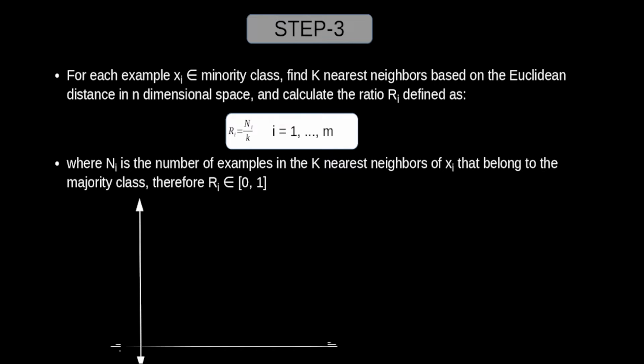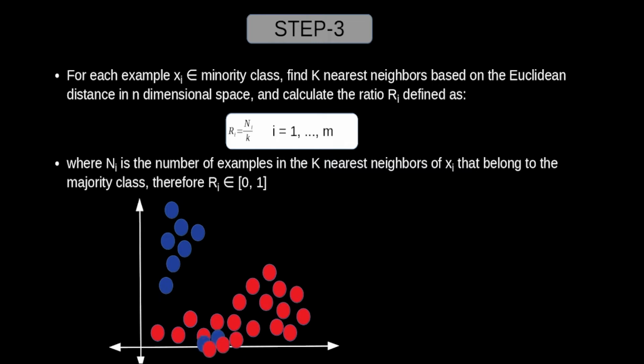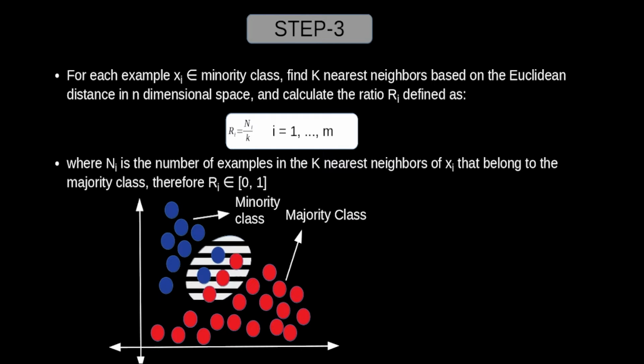Let's take an example where blue samples belong to the minority class and red samples belong to the majority class. Now let's focus on this ellipse. Here we can see three samples, that is red samples, are from the majority class and two samples are from the minority class, which are blue samples.